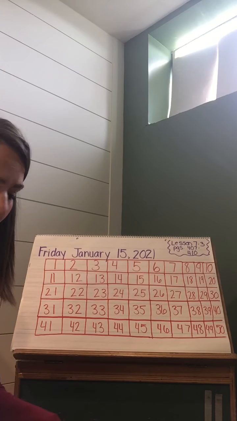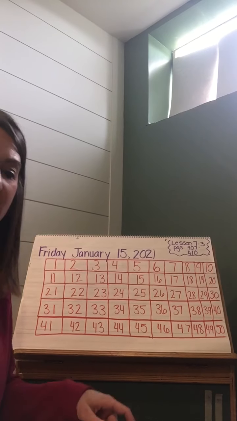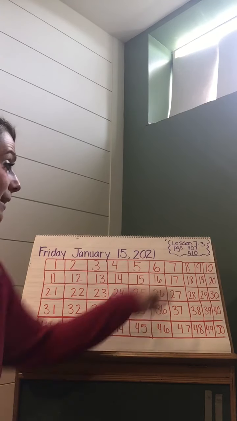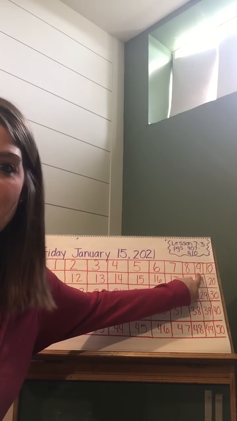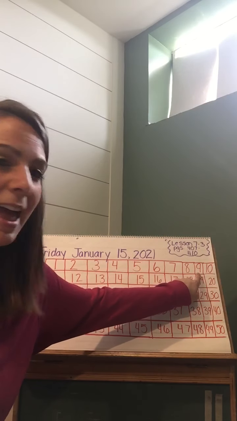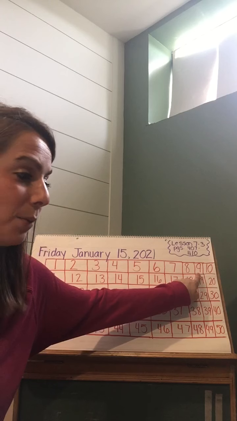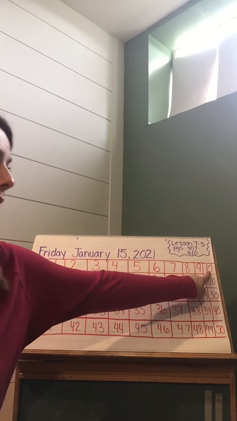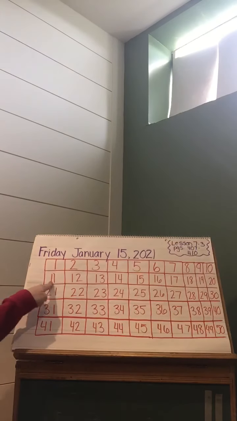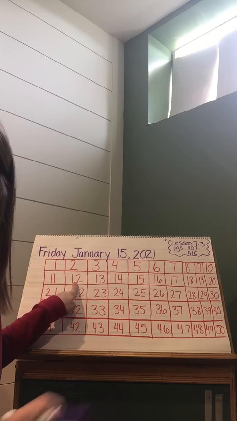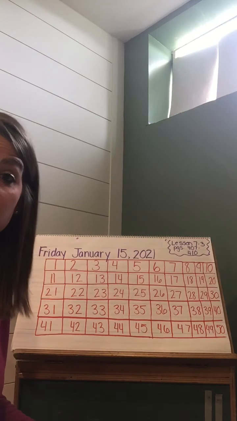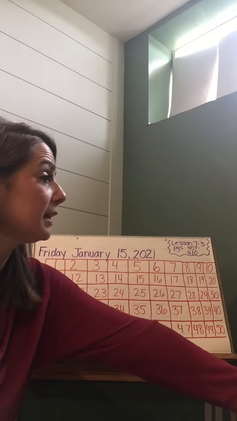Now, what if I pick number, let's say 9? 9. Good job. Now, if I have 9 and I want to say what's the next 3 numbers, this one would be 10, this one would be 11, and then 12. Okay? So you follow down just like when you're reading. You go to the next line.